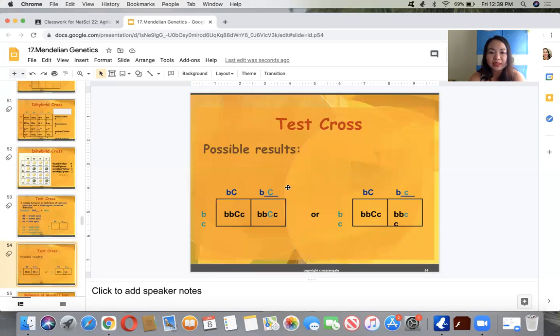So this would be the possible result when you pair them. So we have the B and let's say C for this. So these are the possible combinations. You just pair the B and C. So there will be 2 recessive B and 1 dominant C and recessive C, and also here.